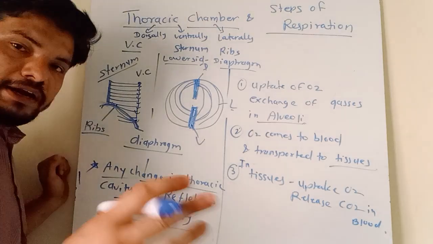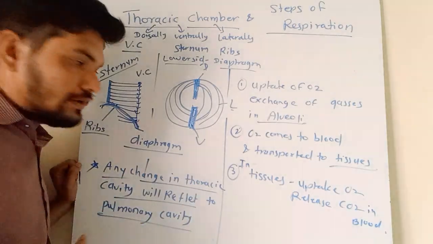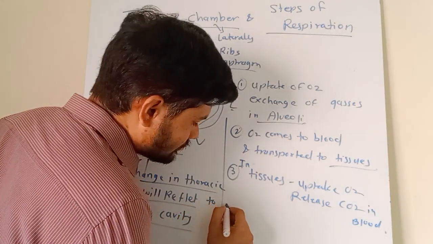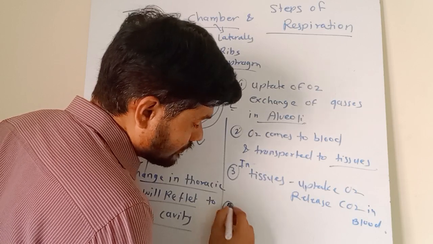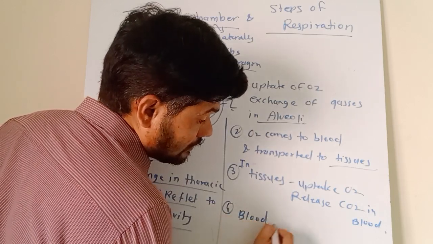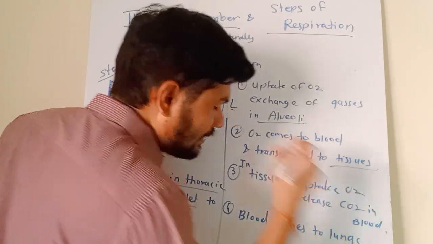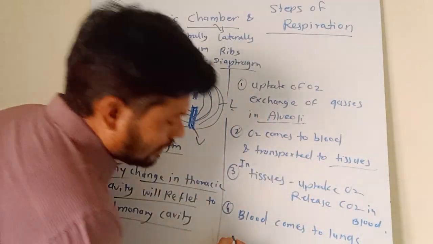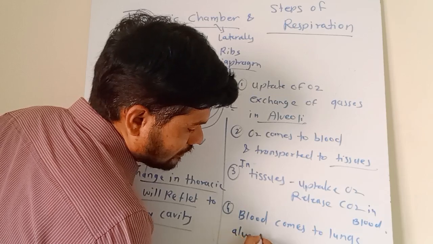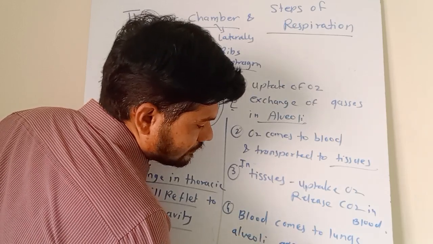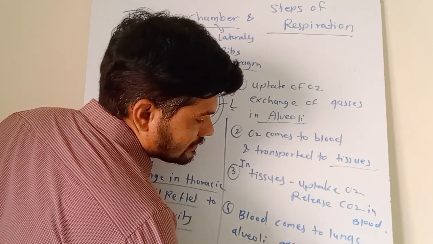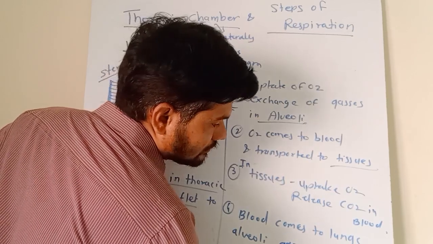Then the deoxygenated blood will again come to the lungs, and in the lungs, again in alveoli, gas exchange will happen.